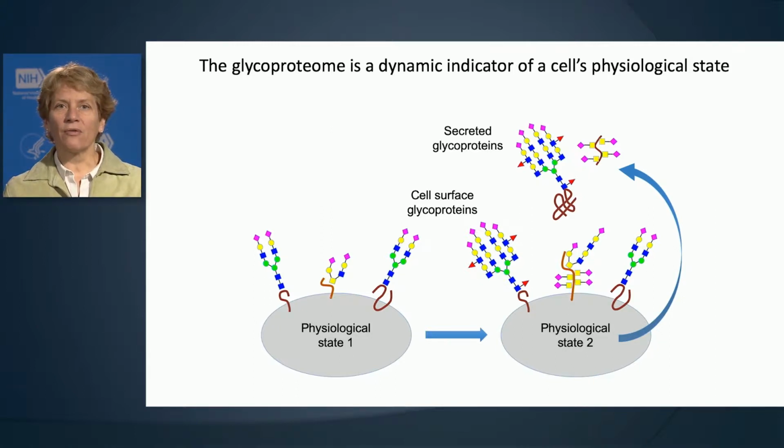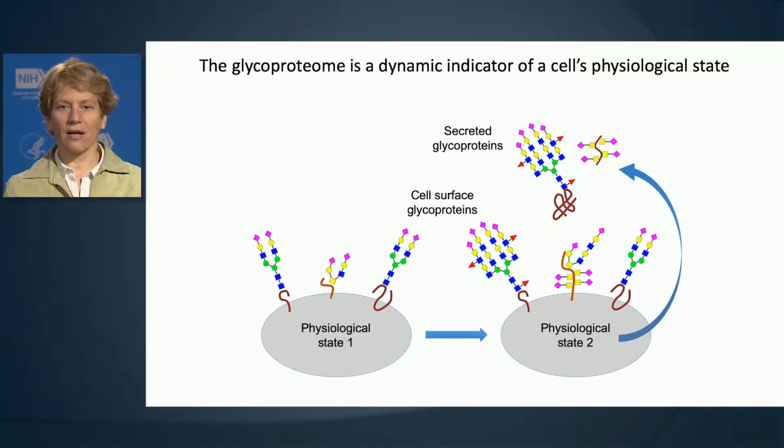And many people are interested in understanding the details of these glycoproteins, the structures of the glycans, and the places that they're attached to the protein, because that information could allow one to detect and diagnose diseases, especially diseases like cancer, where we know there are dramatic changes in the glycosylation of proteins.